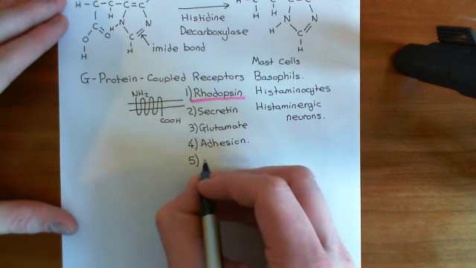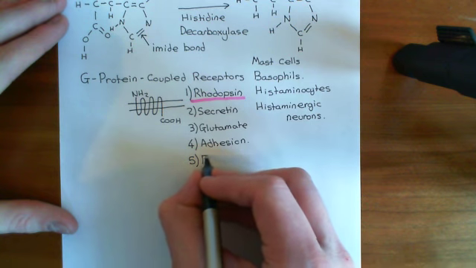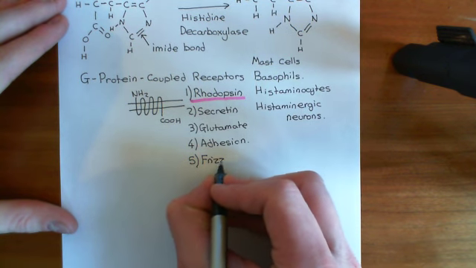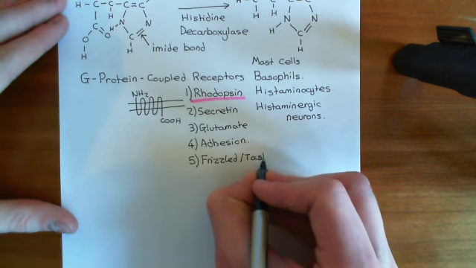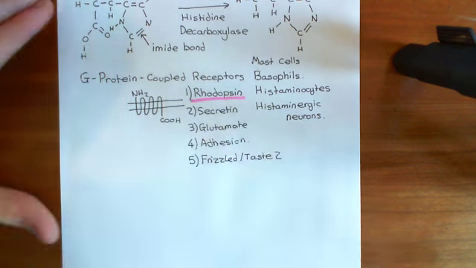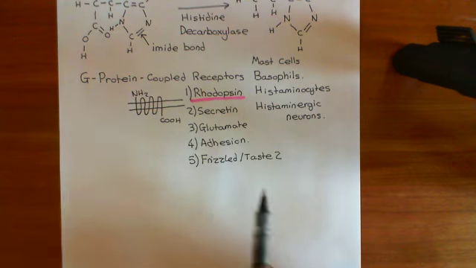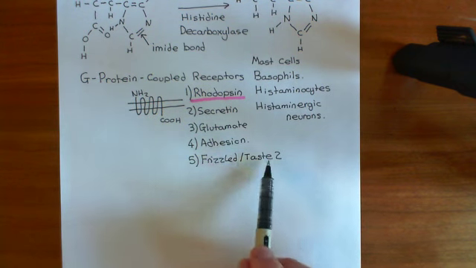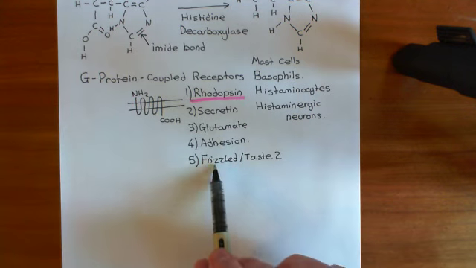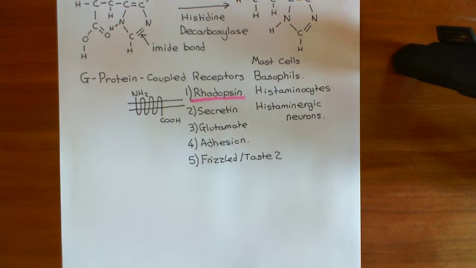And then the 5th family of G-protein coupled receptors is the frizzled/taste2 family, and this is named after the 2 main members, which are the frizzled receptor and the taste2 receptor. The frizzled receptor is the receptor within the Wnt beta-catenin pathway.